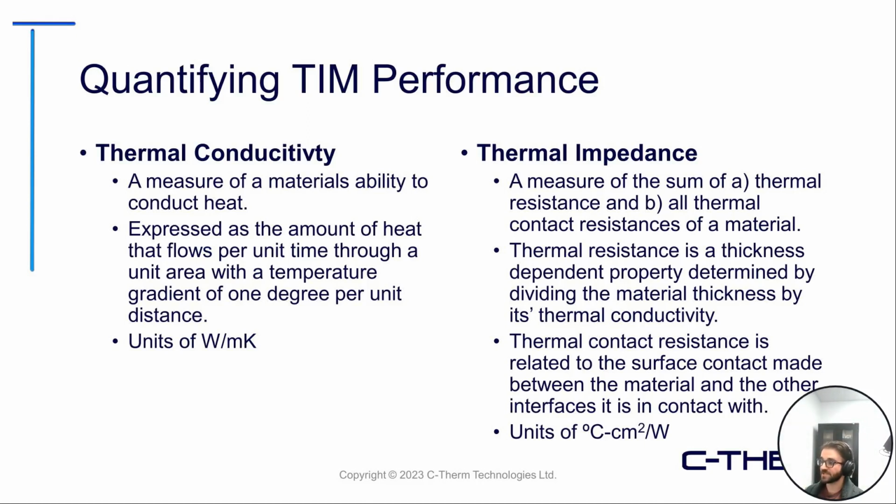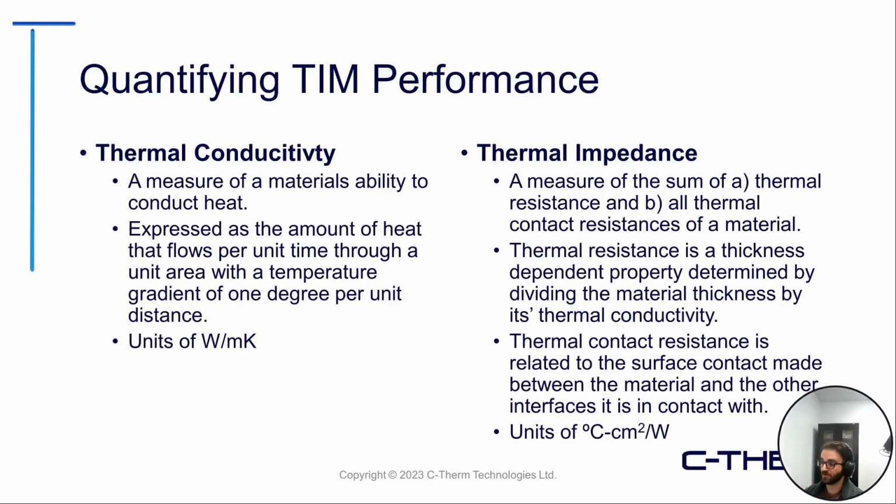So thermal resistance, first off, is a thickness dependent property. It's related to thermal conductivity. If you have the thermal conductivity of your material and you know the thickness, thermal resistance can thus be calculated or determined. But then there's also the thermal contact resistance, and this is related to the surface contact made between the material in question and the other interfaces it is in contact with.